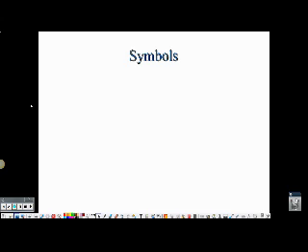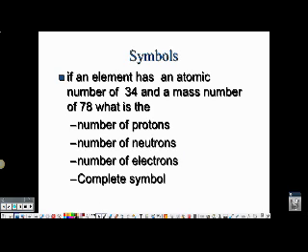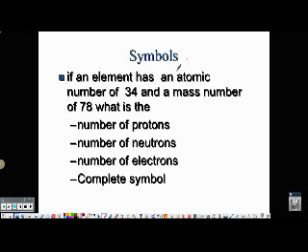Alright, so I know that the atomic number is 34. So if I know the atomic number is 34, I also know the number of protons is 34. And I know the number of electrons is 34.